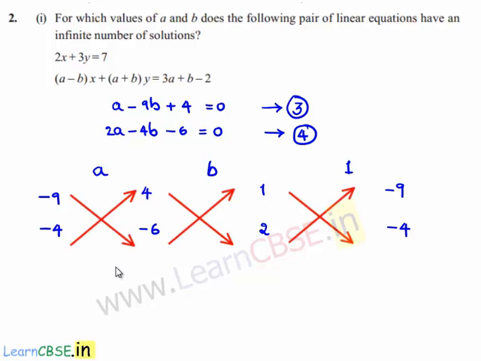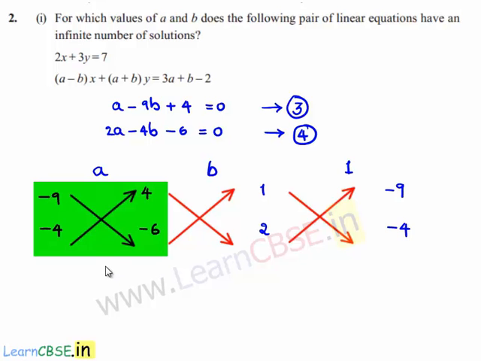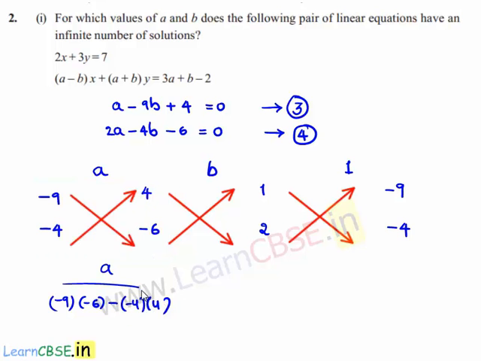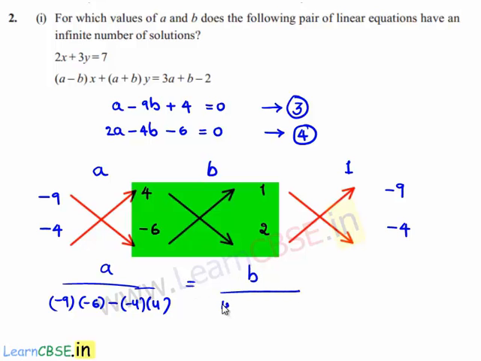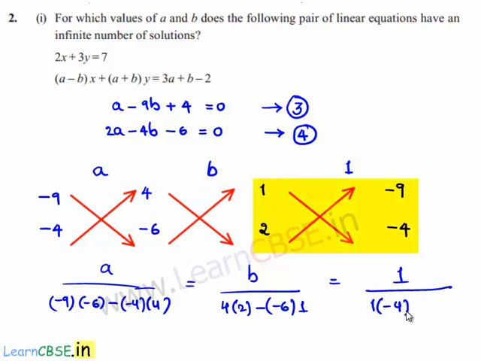Now by cross multiplication we write a by minus 9 times of minus 6 is equal to minus 4 times of 4. This is equal to b divided by 4 times of 2 minus 6 times of 1. This is equal to 1 times of 1 multiplied by minus 4 minus 2 multiplied by minus 9.